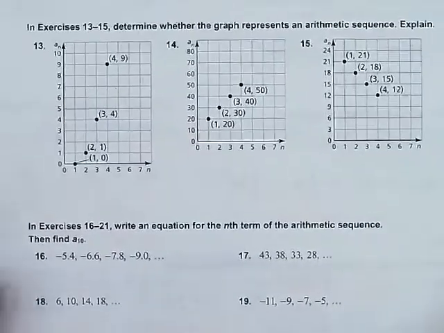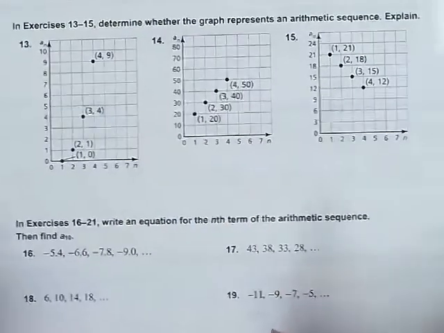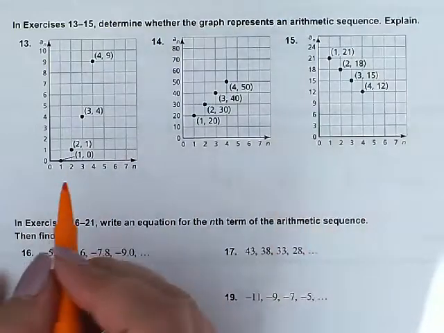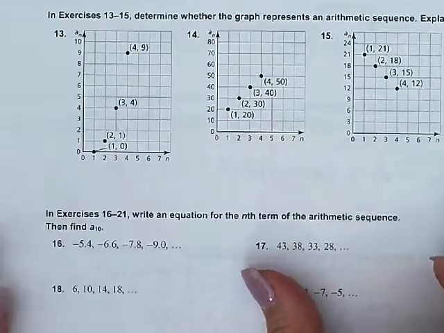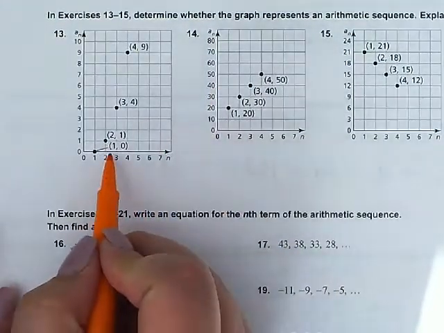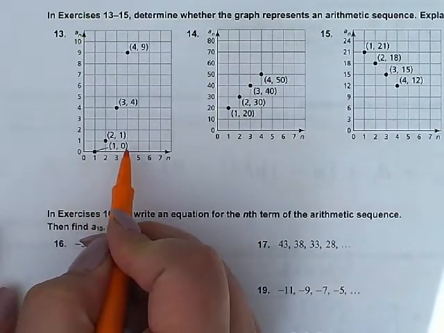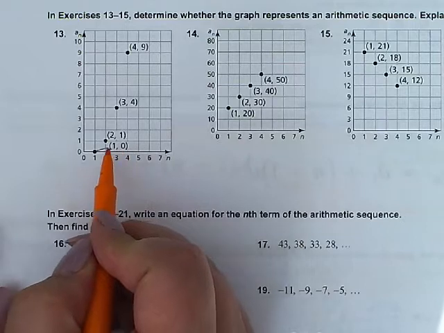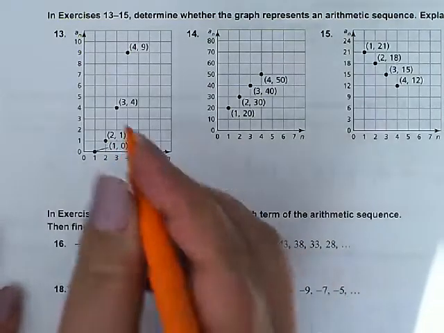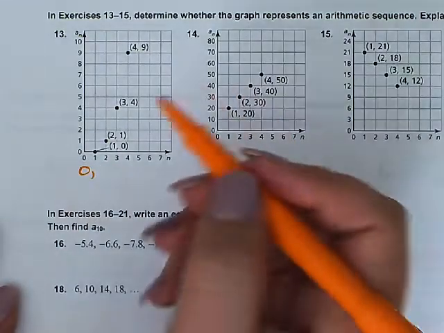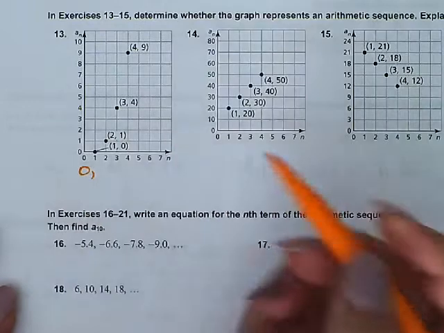On number 13, when they give us this graph right here, and they tell us it's a sequence and we want to determine if it's arithmetic, if it makes it easier, let's go ahead and list this out. Because what this tells me is, remember, the x-axis is the position, and then the y-axis is the term. So what that ordered pair right there is telling me is that the first term in the sequence is 0. So I could list that out and say, okay, my sequence is 0, comma, that the second term is 1.